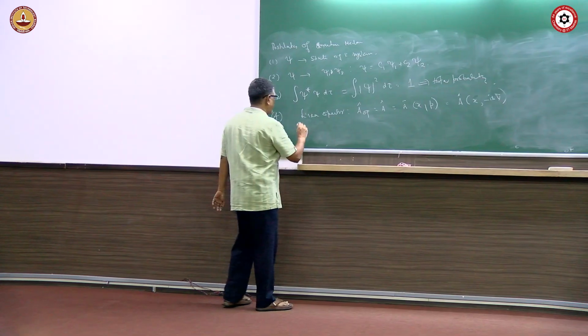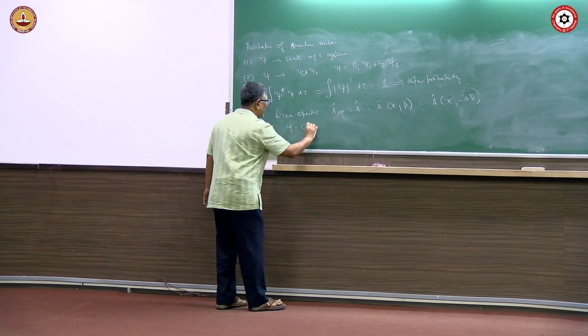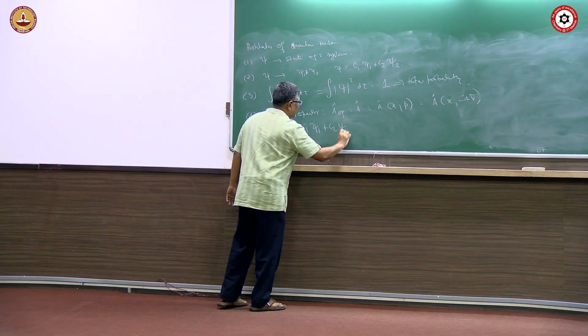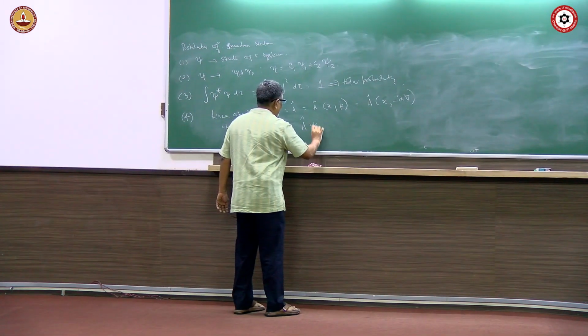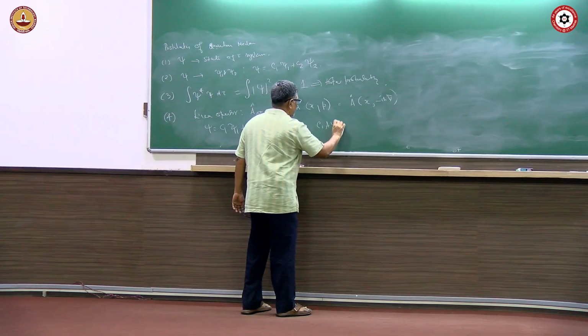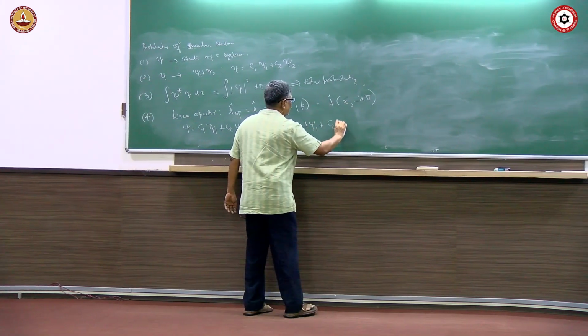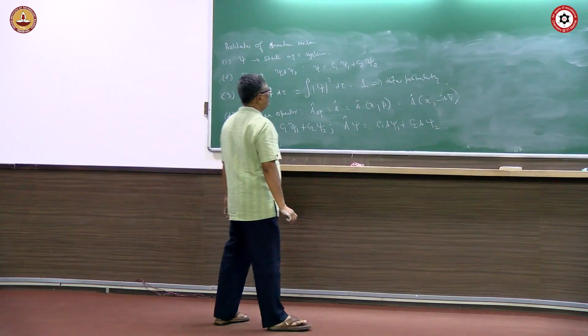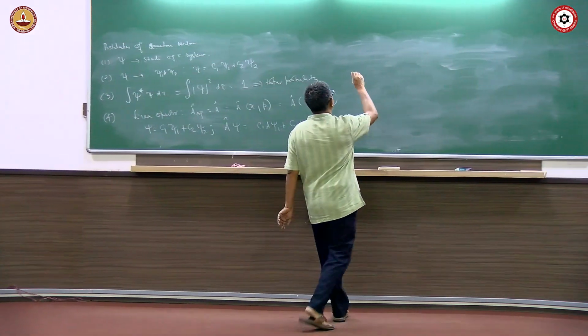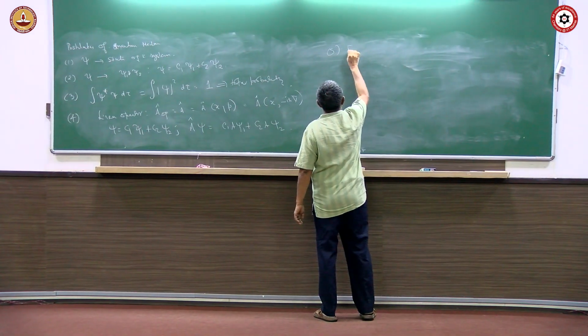The linear operator idea is: suppose psi equals C1 psi 1 plus C2 psi 2, then A psi equals C1 A psi 1 plus C2 A psi 2. This is the linear operator. The fifth point that you have to remember is the expectation value.